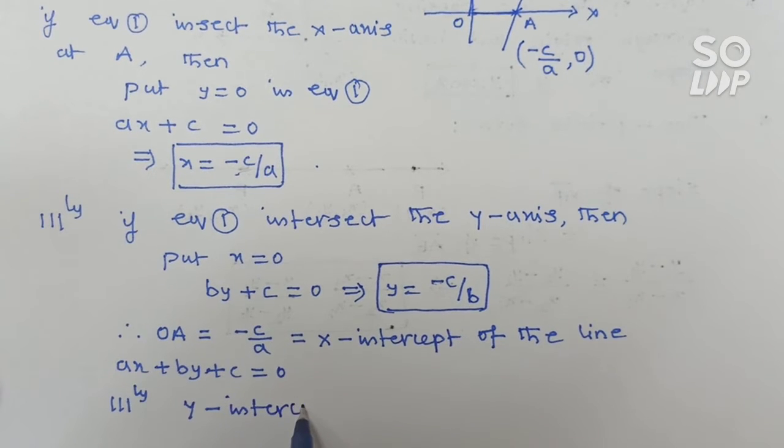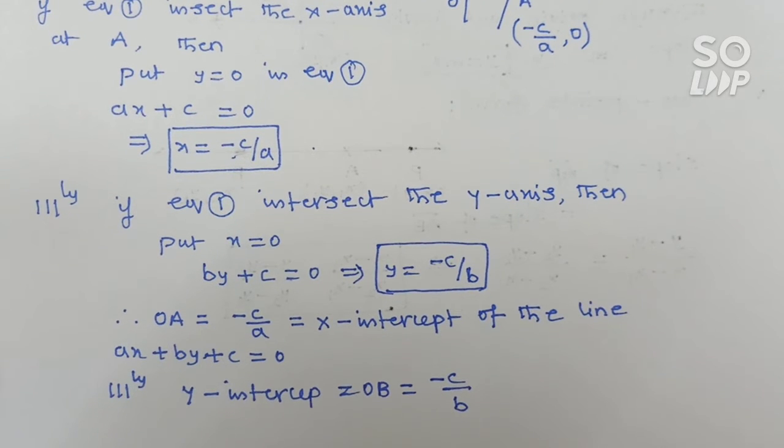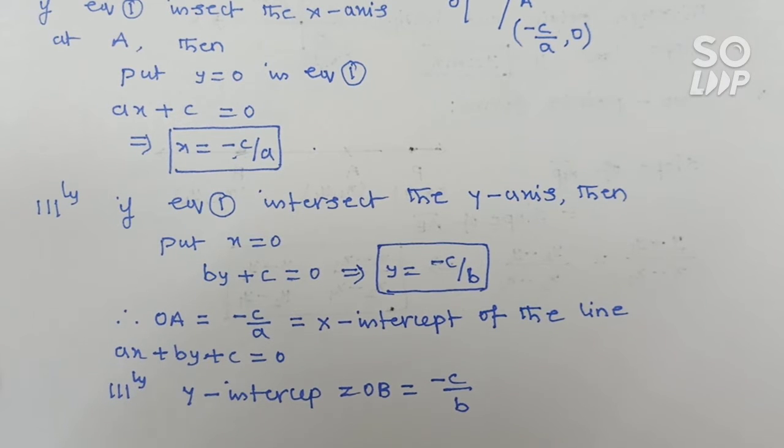Y-intercept is what? OB. So that value will be equal to OB is equal to minus c by b. So this is the y-intercept of the line ax plus by plus c is equal to 0. Why are we discussing the intercept concept?